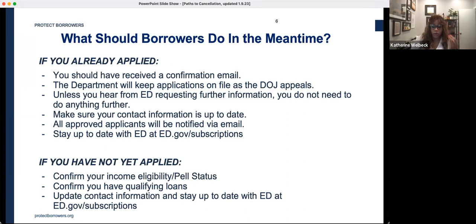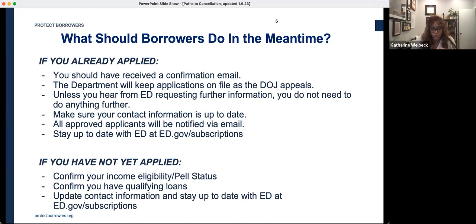And then also, you can stay up to date with these announcements and what's going on with the Department of Education in regard to this by subscribing at ed.gov/subscriptions. If you have not applied before these court cases were brought, you can also sign up for updates at the Department of Education, again, at the same place, ed.gov/subscriptions.